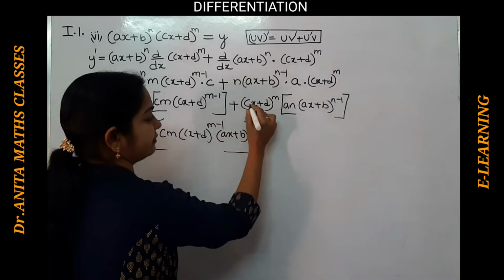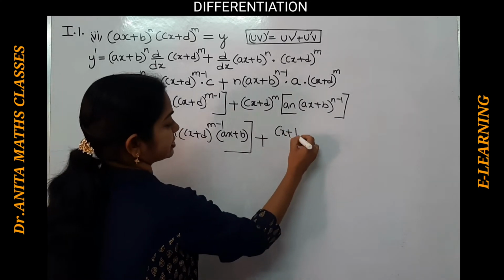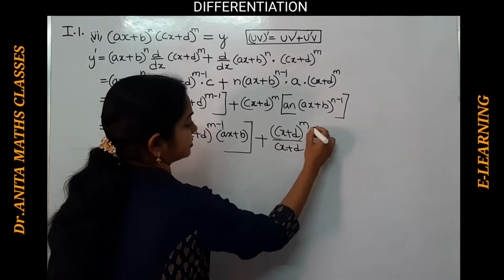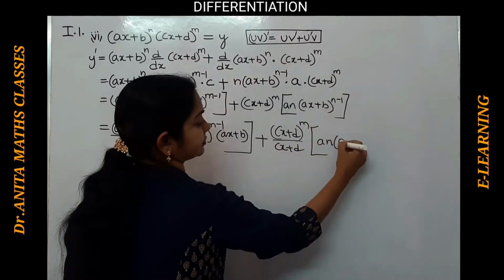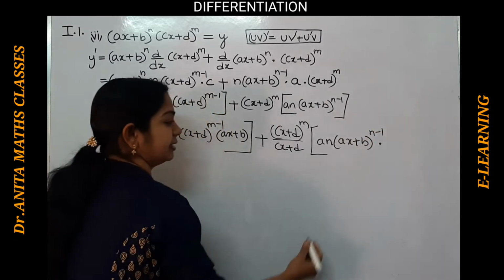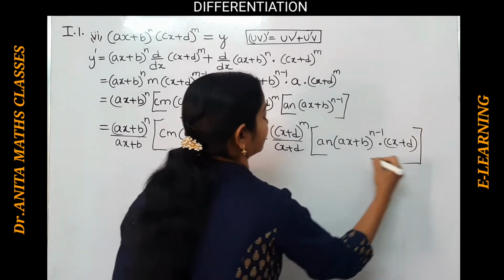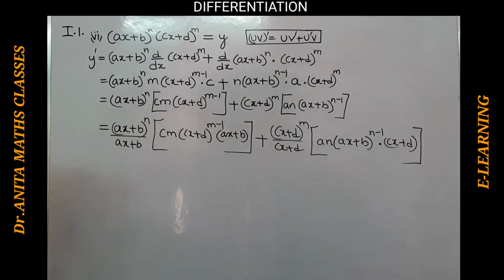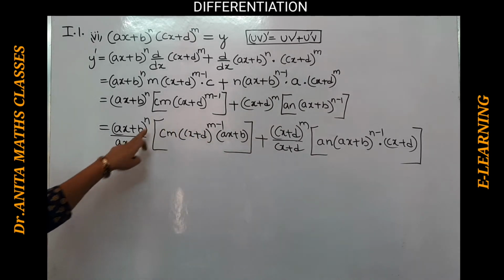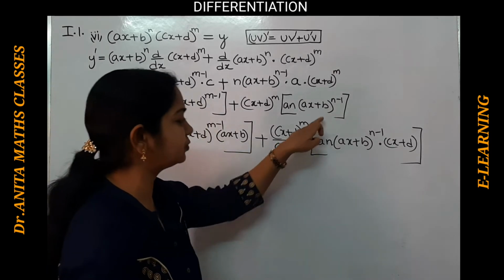The similar way we will multiply and divide with cx plus d here. So that is (cx plus d) to the power of m divided by (cx plus d). Here again, n minus 1 multiplied by (cx plus d). Right. Now in this, if you are taking this is n minus 1 here, here this is m minus 1, right?